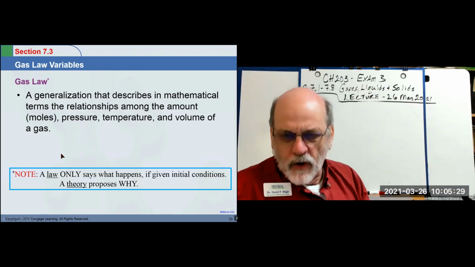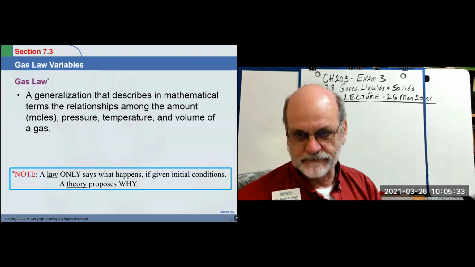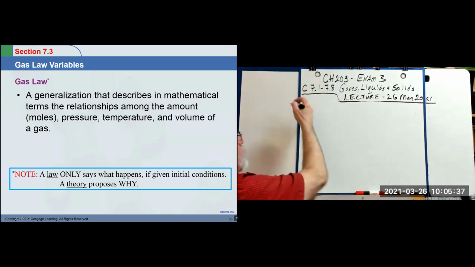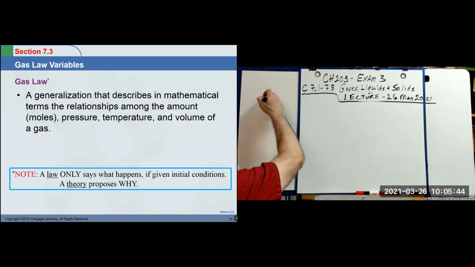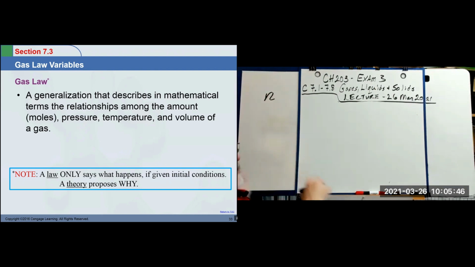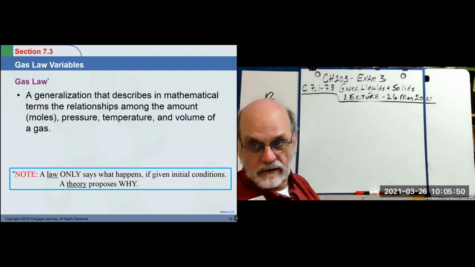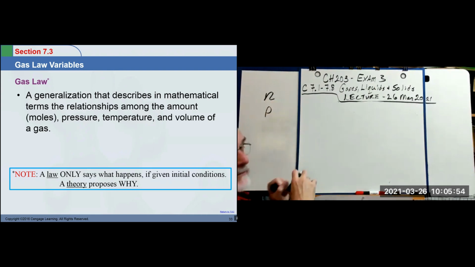So when we're describing a gas, let's say with the physical state of a gas, we need 4 conditions. We need to know the amount of gas that I designate as moles, right? How many particles are there? We need to know the pressure on the gas.